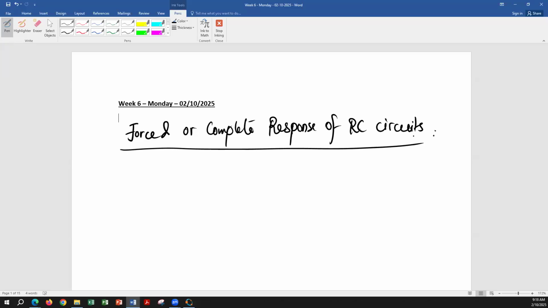And in general, the forced or complete response of RC circuits, the voltage across the capacitor, let's say, VC(t), is comprised of two components: the forced component or steady state component, and the natural response.